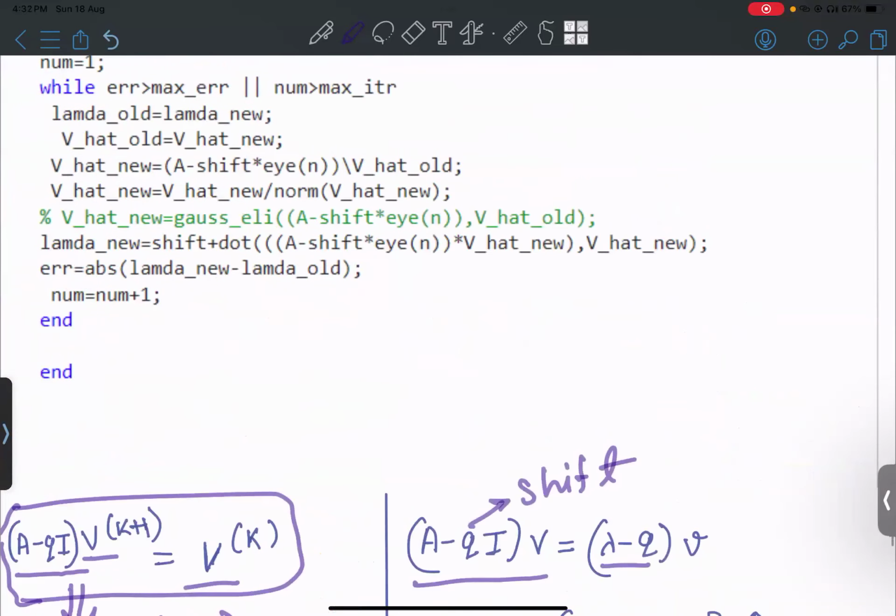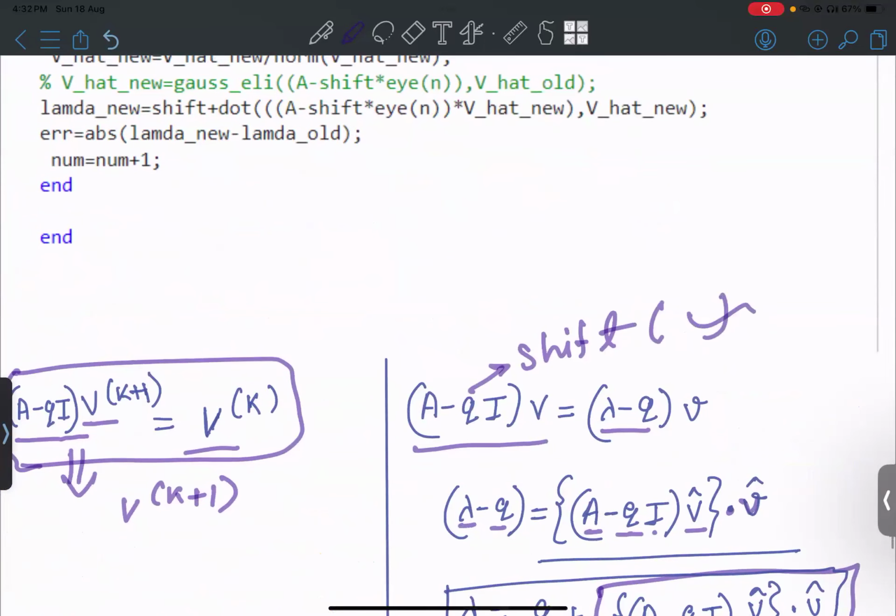This q defines which value I want to find. If q is 0, I will find the minimum value. If q is some other value, then I need to check lambda.